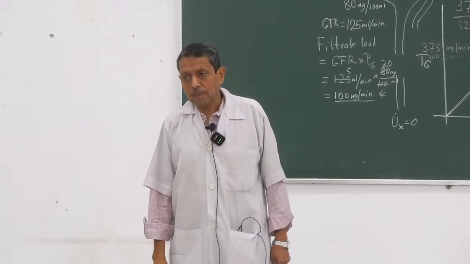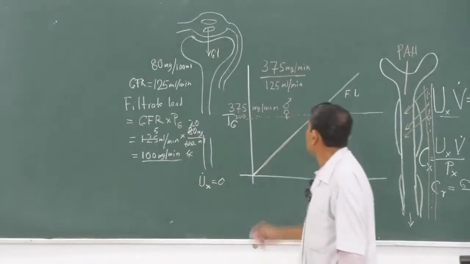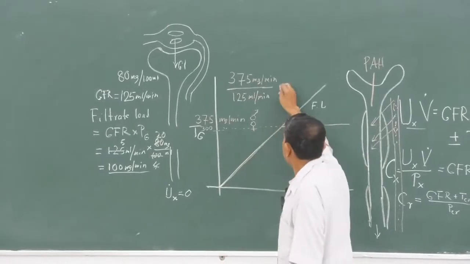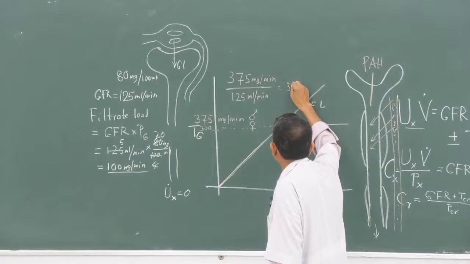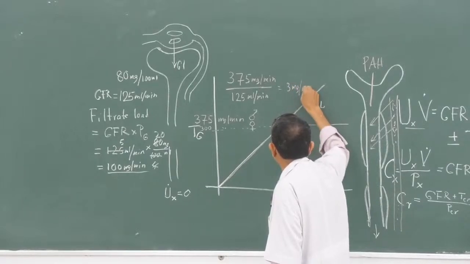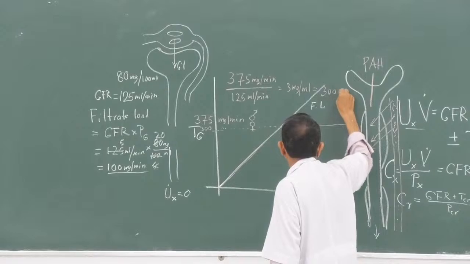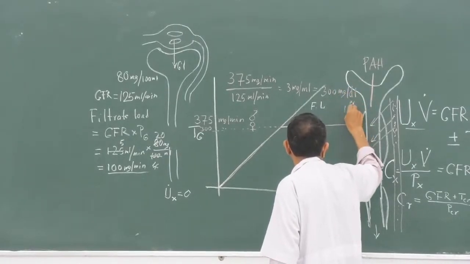TMG when it is maximum, and if it is divided by the GFR, this value will eliminate, and ultimately it will be 3 milligram, that is equal to 300 milligram per liter or 100.